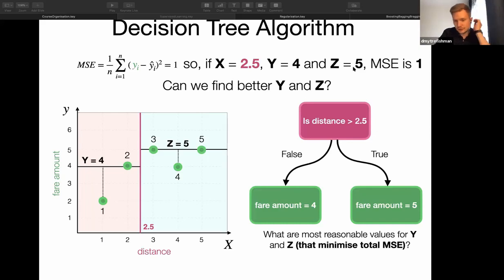Lena, how would you suggest to change this y value to lower MSE? Igor, what would you suggest? So now it's 4, but how would you suggest to change it to lower the total error?